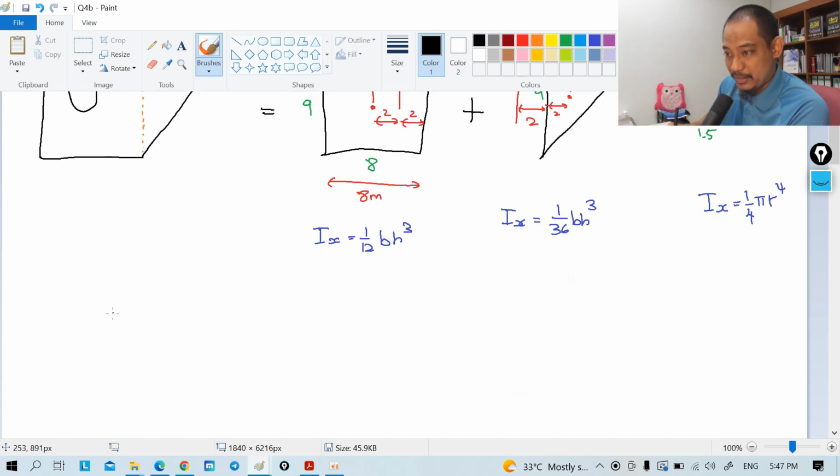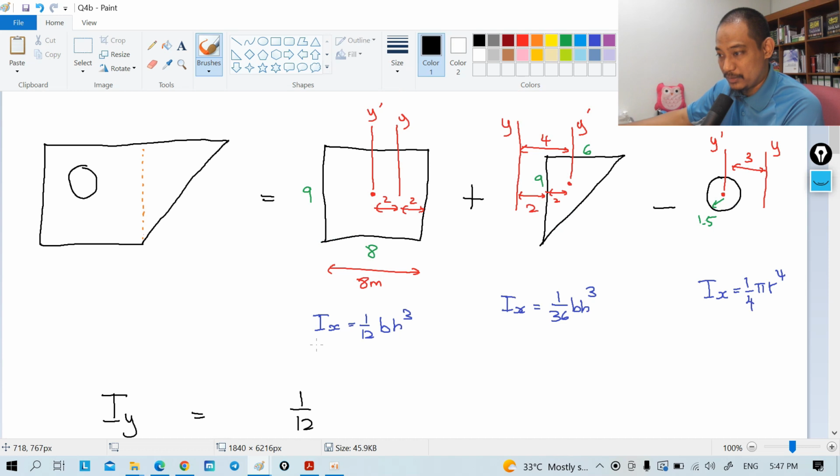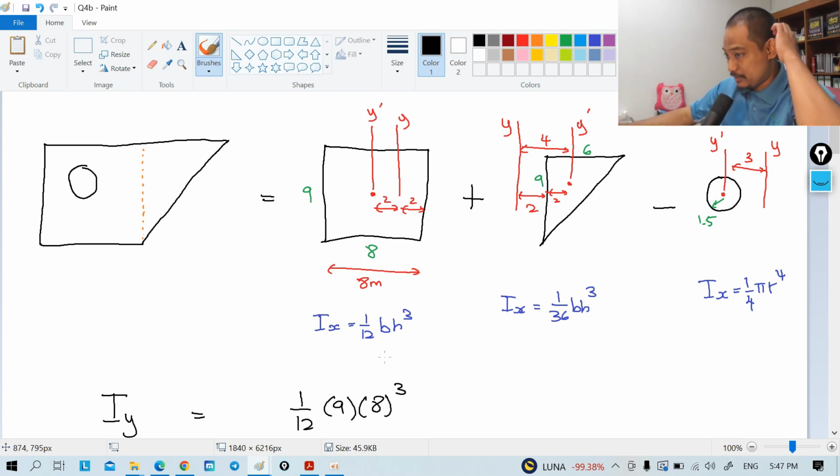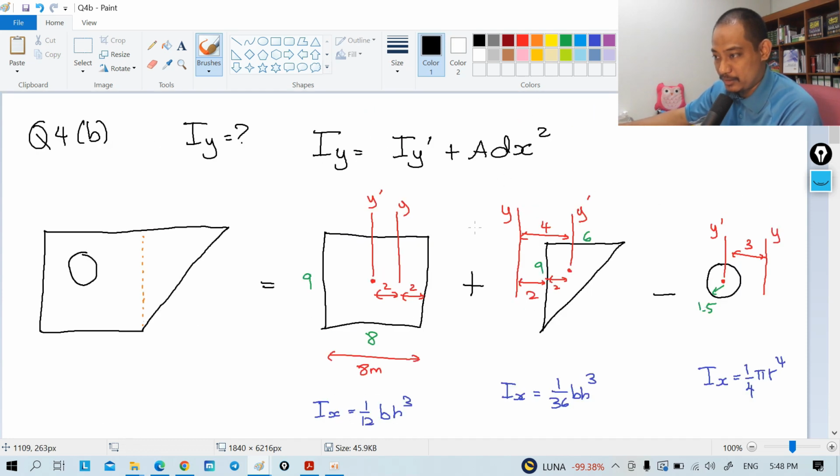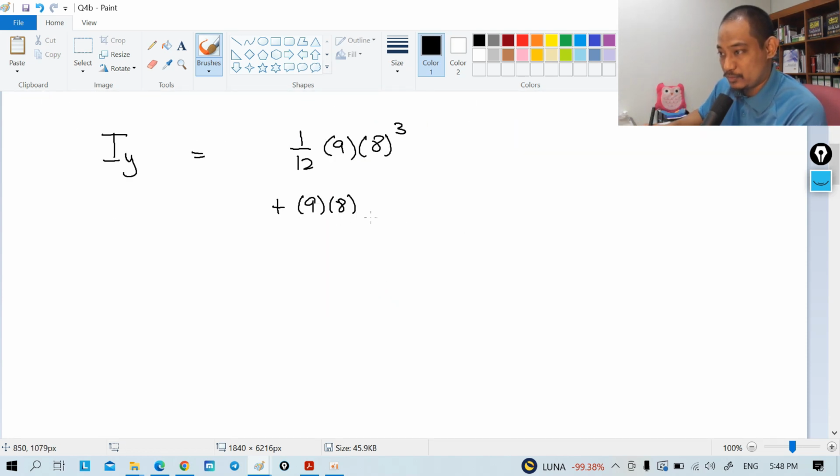Alright, so meaning that Iy equal to, for this one, 1/12 9 8 cube, and then plus the area, 9 times 8, and then dx square, right? Dx is 2 here, so 2 square.